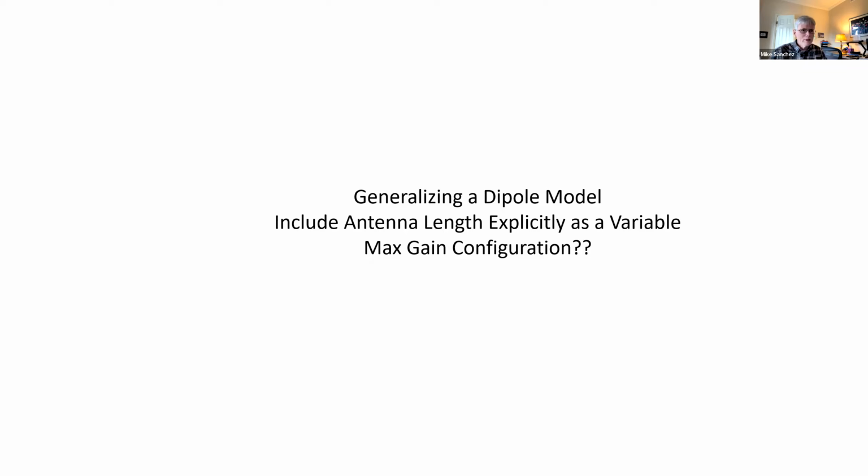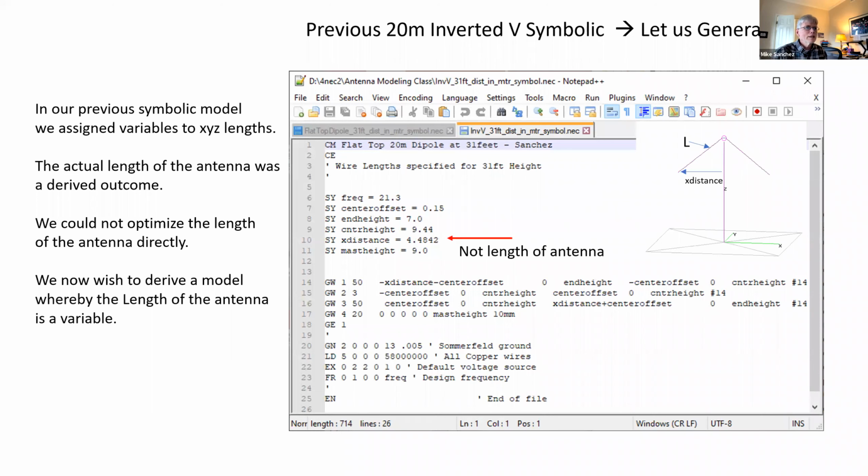So this time we're going to develop a model that has the antenna length directly in the model, so we can optimize on the antenna length and optimize on the angle, which is a much more direct way of dealing with the model. And it's also how we actually deal with the actual antenna. Okay, so this is the old model we had and the variables that we used.